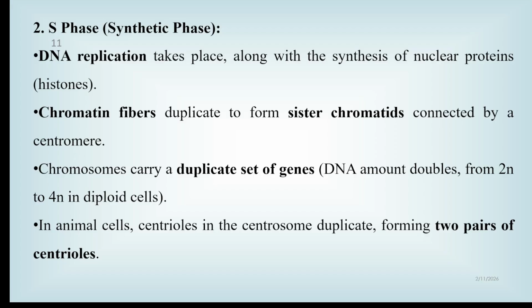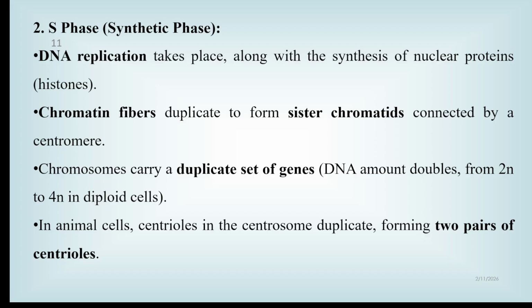In the G1 phase, the cell has only a single set of genes, but in the S phase, the chromosome gets duplicated, and that's why it has a duplicate set of genes. The two sister chromatids are bound by the connector called the centromere. In animal cells, centrioles in the centrosome duplicate, forming two pairs of centrioles.